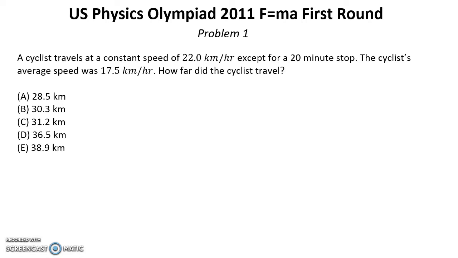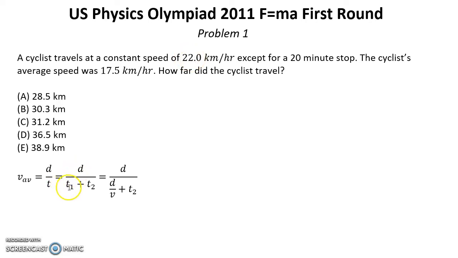Let's write definition for average speed. Average speed by definition equal total distance divided by total time. In our case, total distance is a distance which was traveled by cyclist during this first period of time with a speed 22 kilometers per hour.